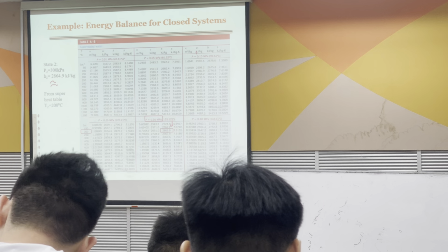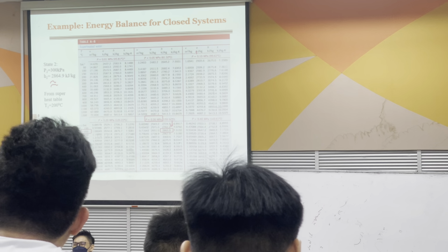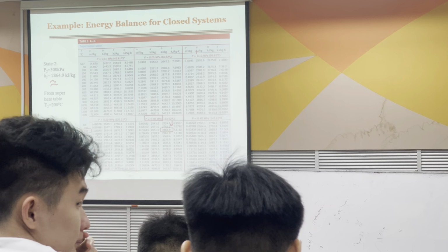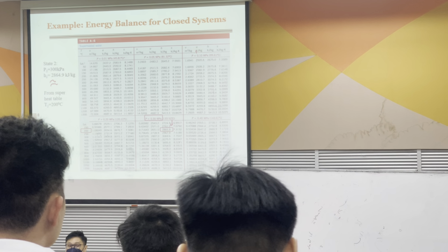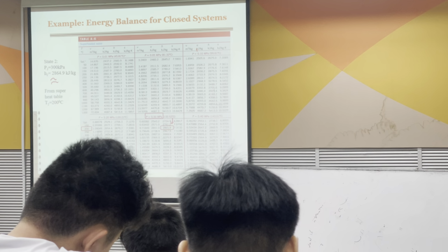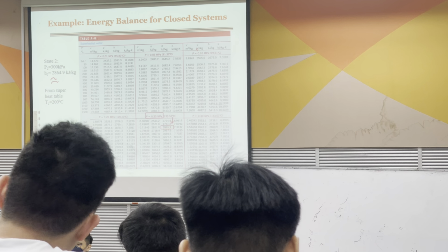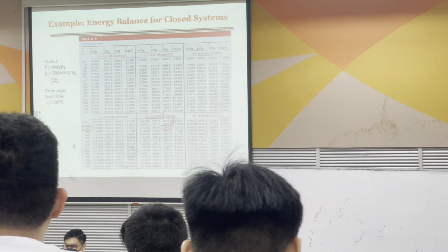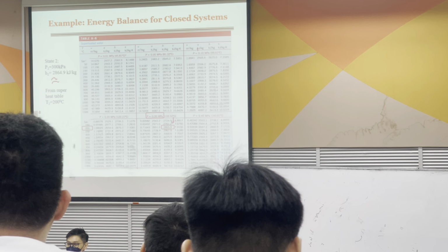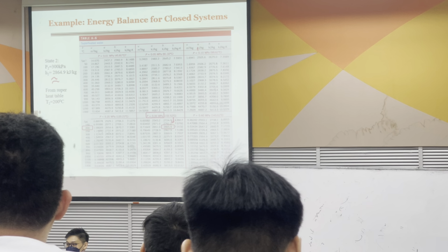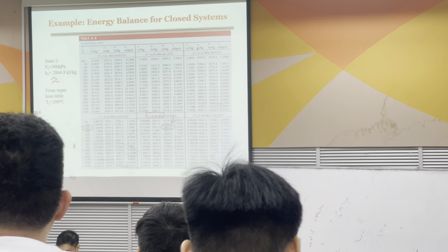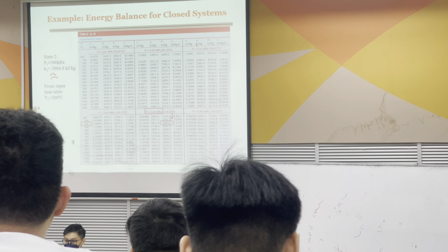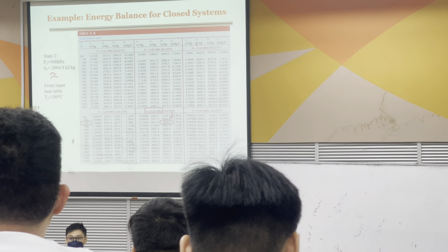There's no real answer to this, because when you have multiple processes you can't really design it to get the exact value. Of course, you will not be wrong if you interpolate, but it's a waste of time. In this case it's considered close enough, because if you interpolate you will get 199 point something, so you don't have to do it. Okay, clear? This is how you get the final temperature for this particular question.